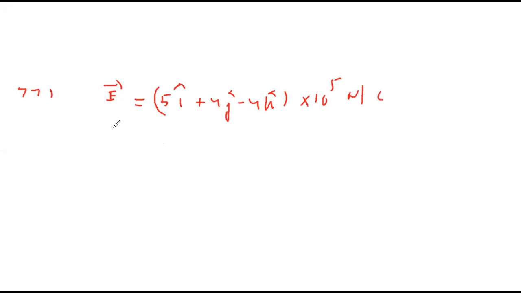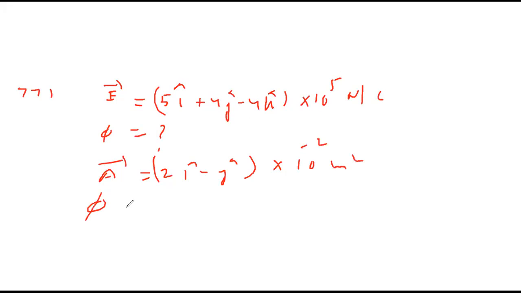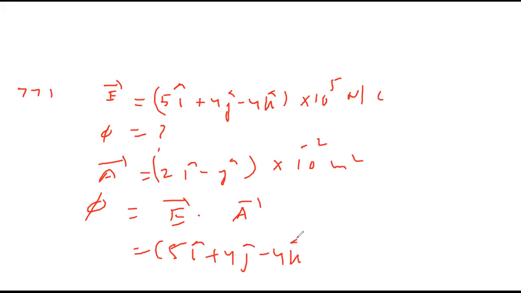The electric flux on the area A bar, which is 2i cap minus j cap into 10 raised to minus 2 meters square. Flux is a dot product of E bar and A bar. So this is (5i cap plus 4j cap minus 4k cap) dot (2i minus j) into 10 raised to plus 3 after multiplying these two. I hope till this you have followed.